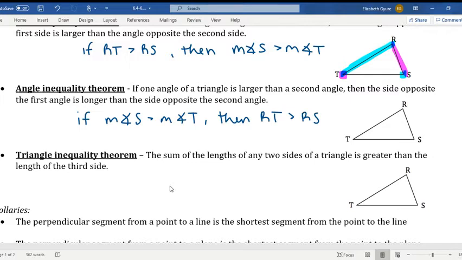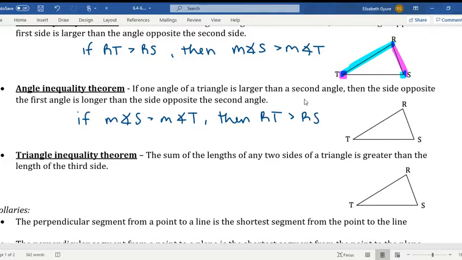You can't just take any three measurements and make a triangle out of three segments with those measurements. The measurements have to meet certain criteria. And that criteria is that the sum of any two sides must be greater than the other one. So if you pick any two sides, their sum has to be more than the third.